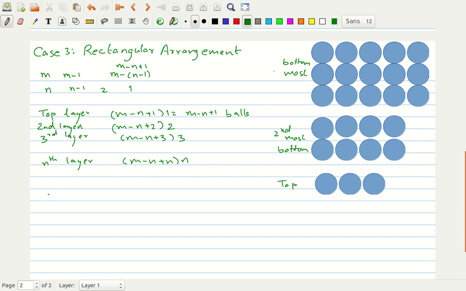If you add this, what do we get? So this one, m minus n plus 1 times 1, we can write it as, so I am writing s is equal to the first term, which is m minus n times 1 plus 1 square, right?